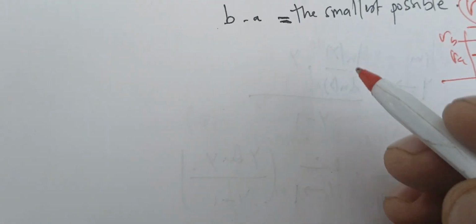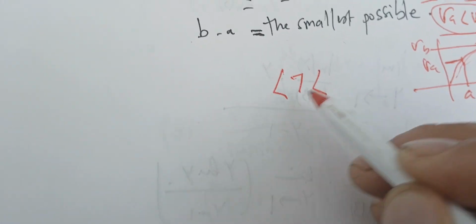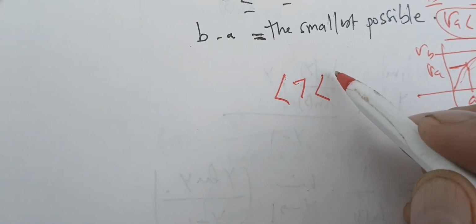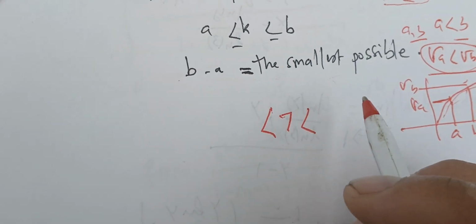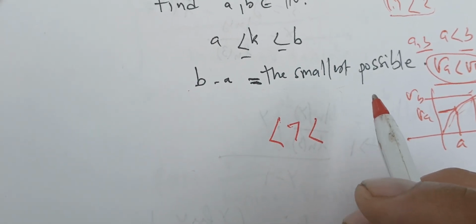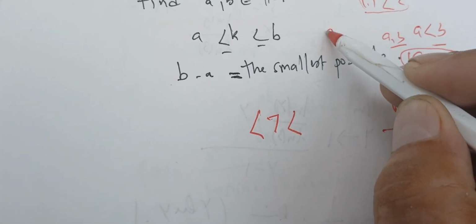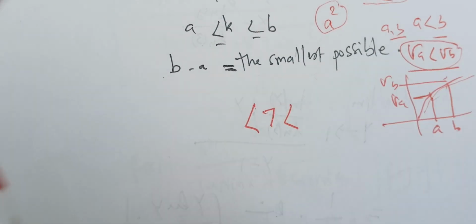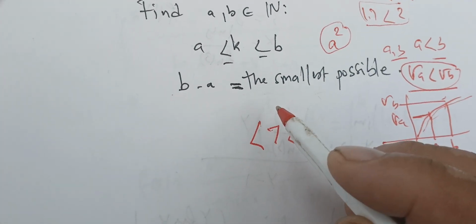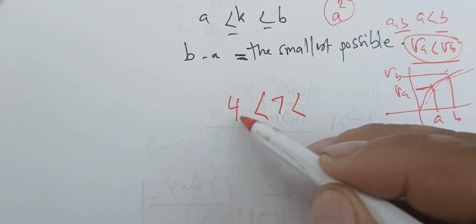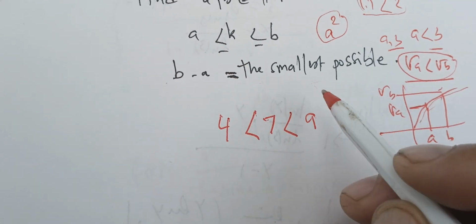We bracket 7 between two perfect squares, numbers we can write as some a to the power 2. Here 7 is between 4, which is 2 to the power 2, and 9, which is 3 to the power 2.